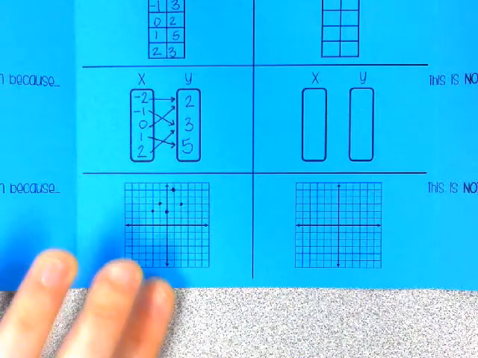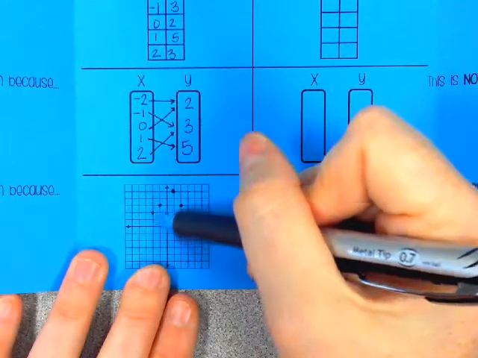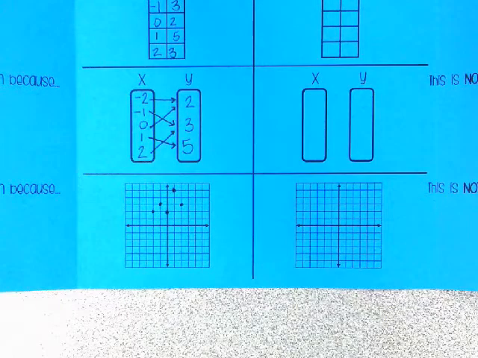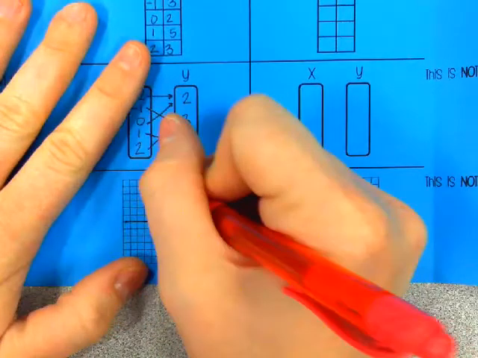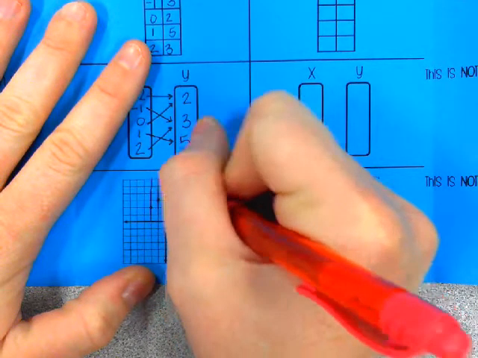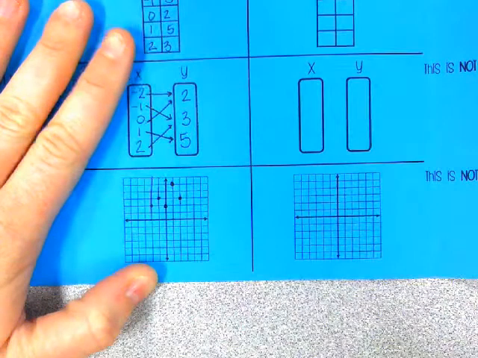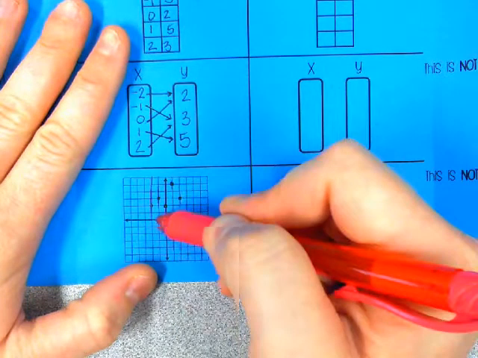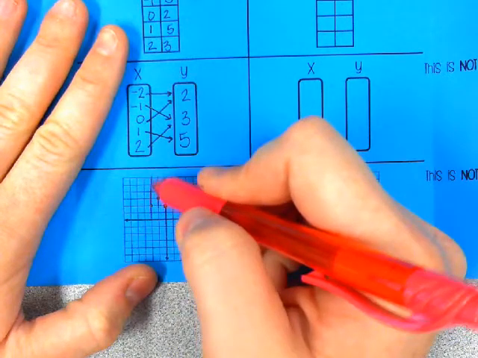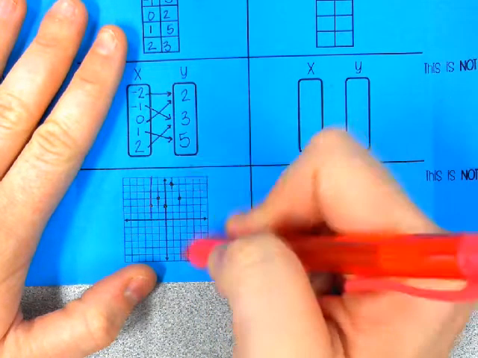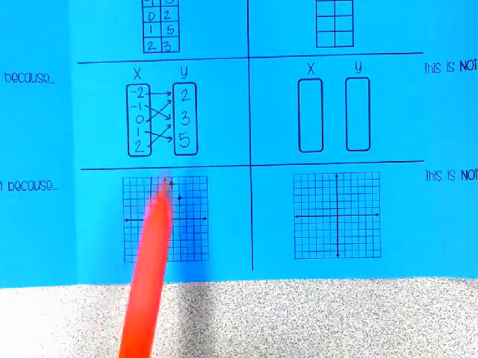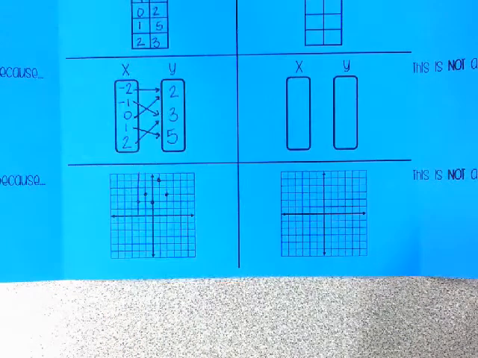So notice they're just points, but there are no repeated X values. So if you look along this, we actually call it the vertical line test because you can see that no X value has two different values. So vertical line test, if you can draw a vertical line through each one of those, then you know that it is a function because there's no repeated values.